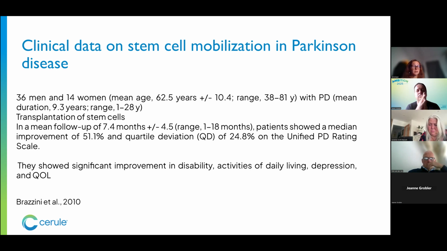So it's a clinically relevant improvement. They also had significant improvement in disability, activities of daily living, depression score, and quality of life. So we don't have only improvement in motor symptoms, but also in non-motor symptoms such as depression.